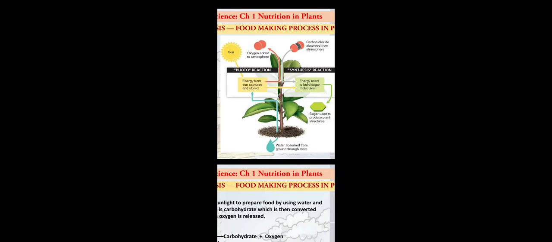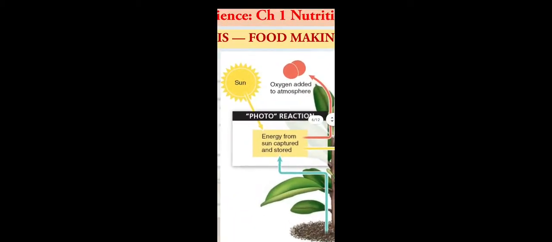So plants capture water from soil and carbon dioxide from air and then reshuffle these molecules to make carbohydrates plus water. For this reshuffling, plants require energy, and that energy plants get from the sun, and to capture that energy they need a pigment molecule which is called chlorophyll, and obviously chlorophyll is present in green leaves, and that is why plants with green leaves are able to perform photosynthesis.